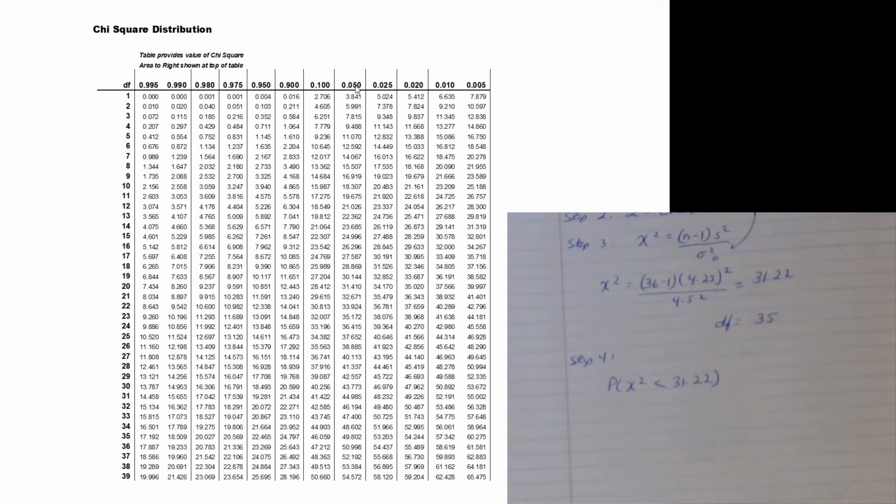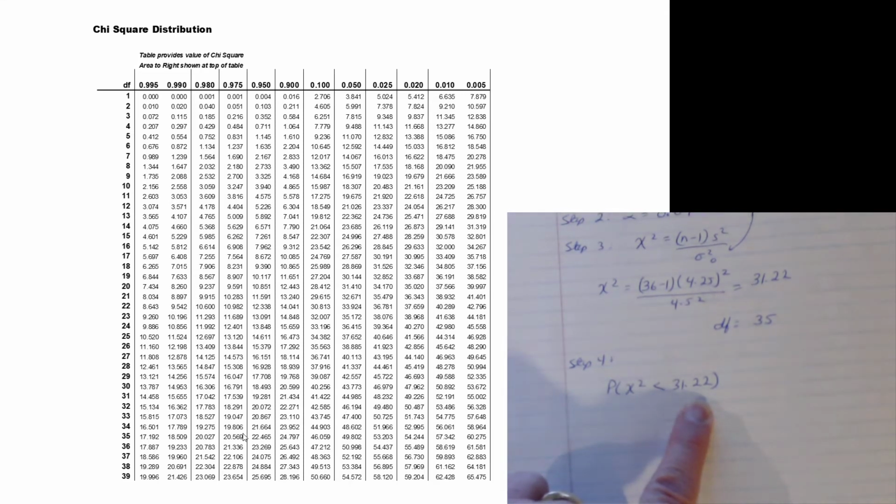I go to the top, I have the columns where the probabilities live, I have my degrees of freedom of 35, and my calculated test statistic of 31.22. It falls between 24.797 and 46.059. Now that is the probability that's greater than 31.22.